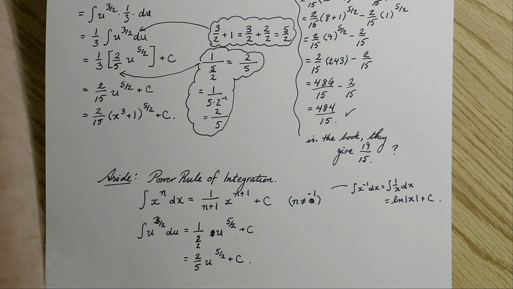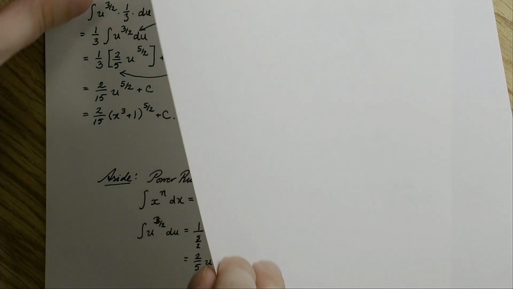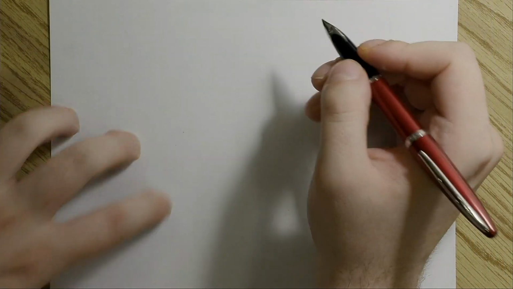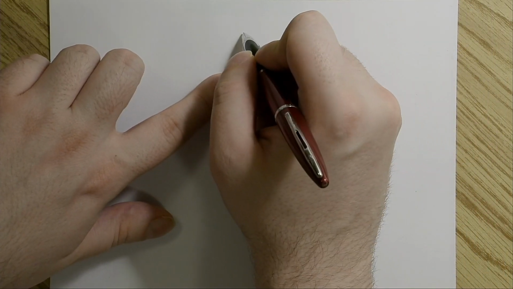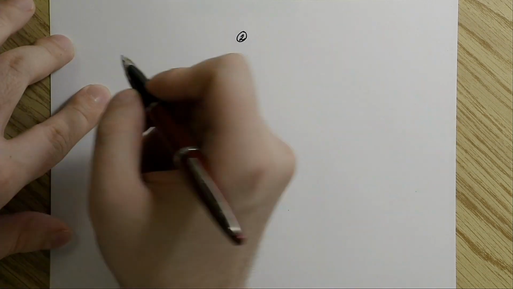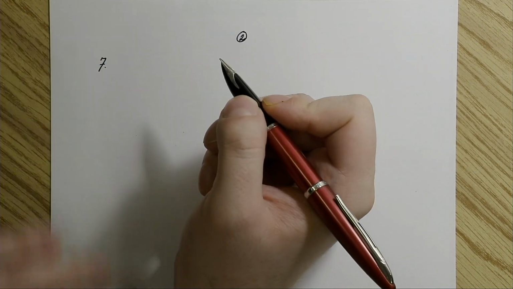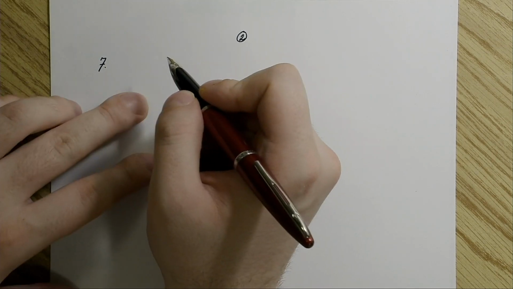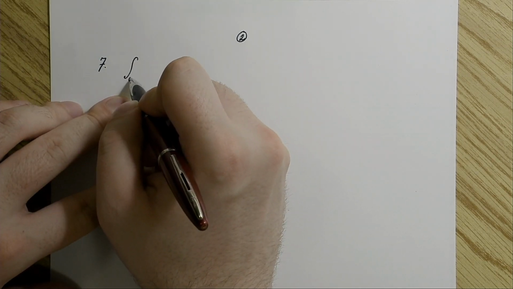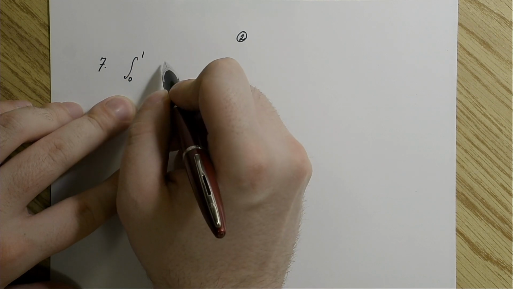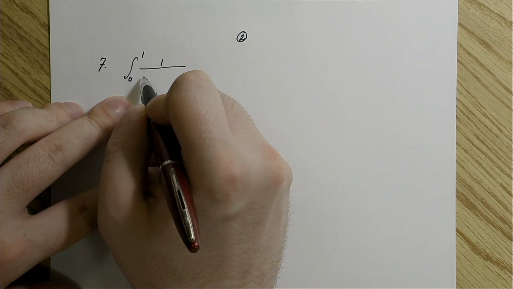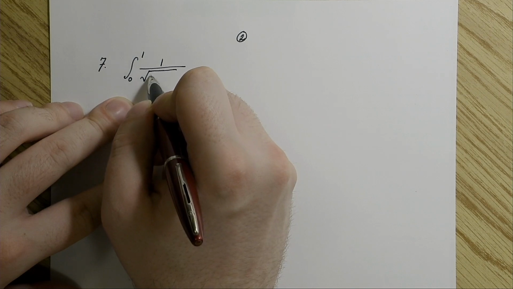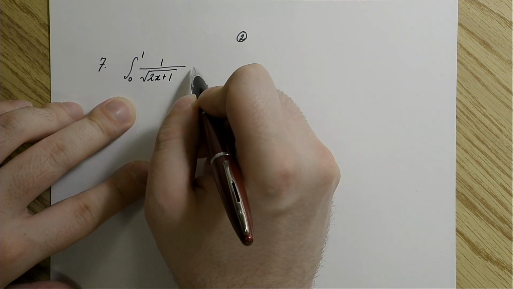So then I will move on to the next one, which was number 7. Okay, so for number 7 again, we have the integral from 0 to 1 of 1 over the square root of 2x plus 1 dx.